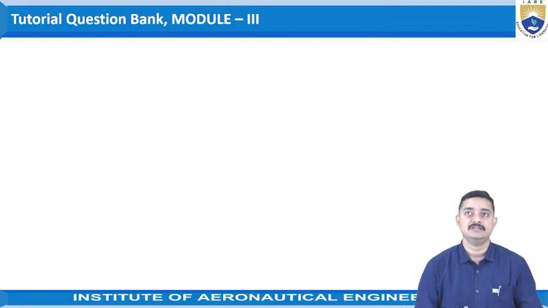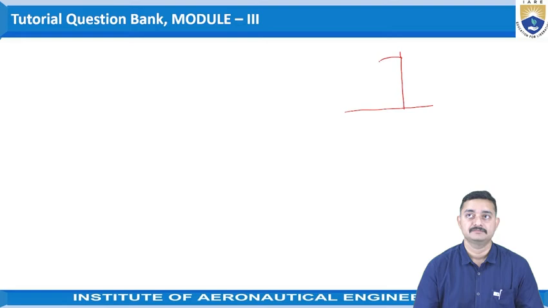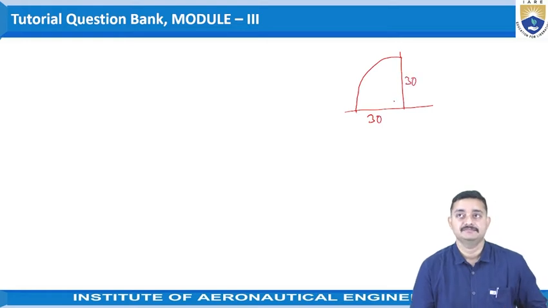Now let us go to the third part, which is the quadrant of the circle. Quadrant of the circle, and the radius given is 30. Okay, so the centroid will be lying somewhere here. Let us take the centroid lying here.